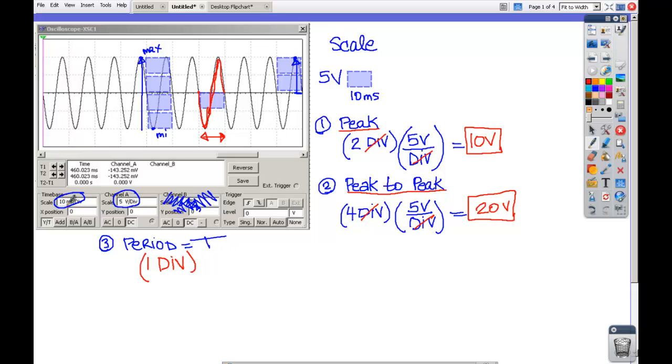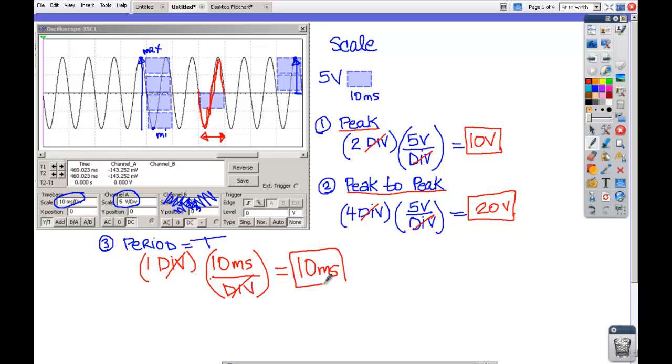And from the grid, from the time-based section, we know that it's 10 milliseconds for every division. And when we work that out, the one division and the one division, that leaves us with 10 milliseconds.